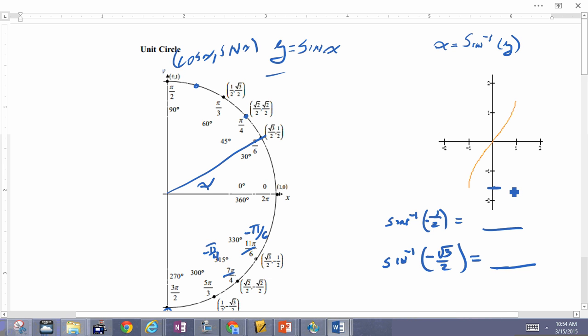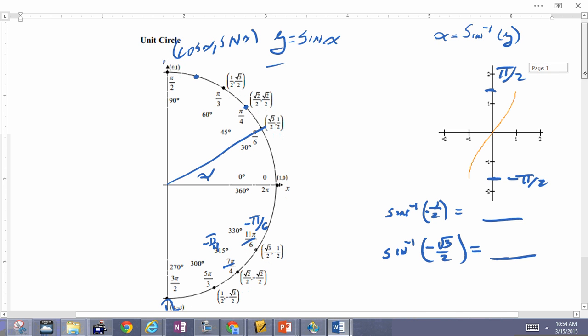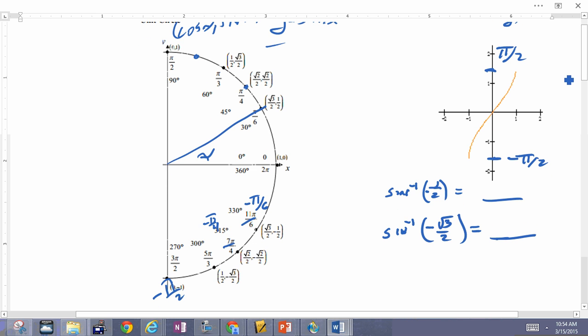And we said the inverse sine has a range going from negative pi over 2 to positive pi over 2. That's the set of y values that we're going to look at when evaluating inverse sine.